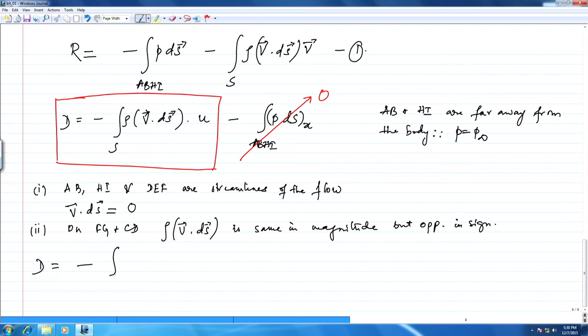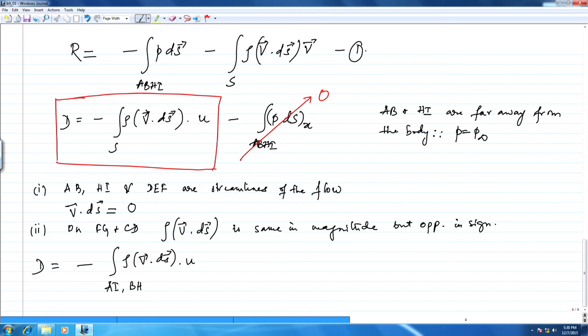On the boundaries AI and BH, we are going to do this V dot ds into U. We are going to do this only on these two boundaries.